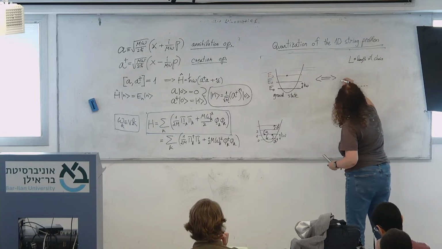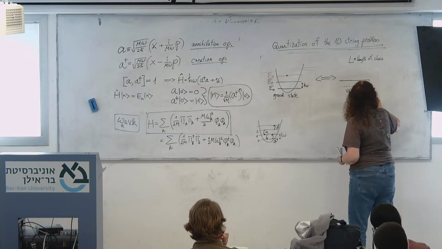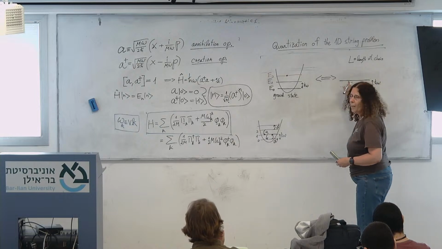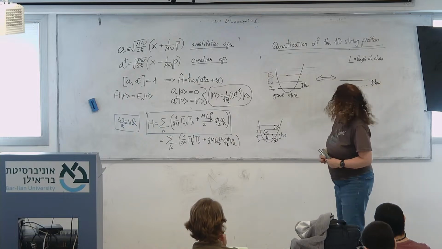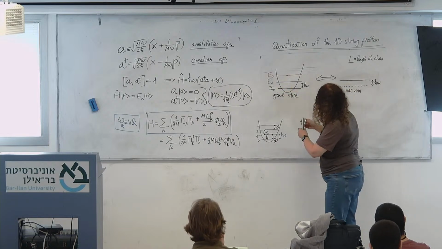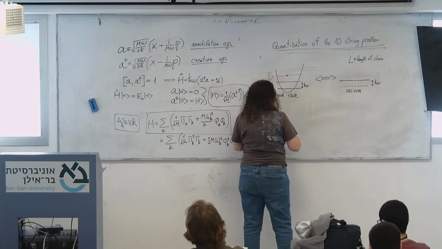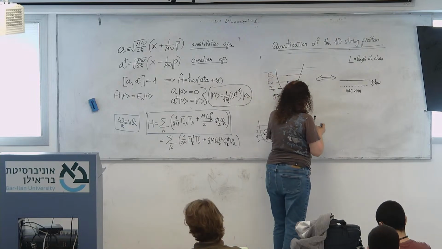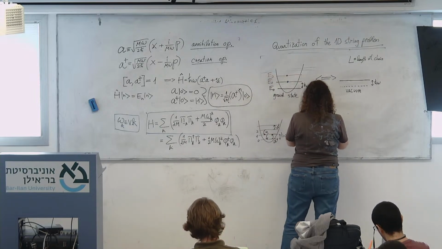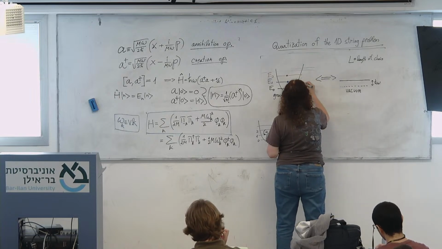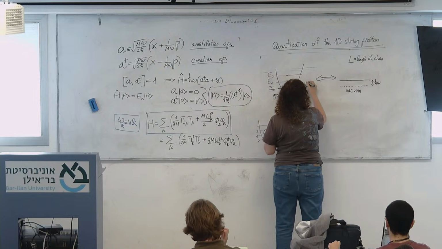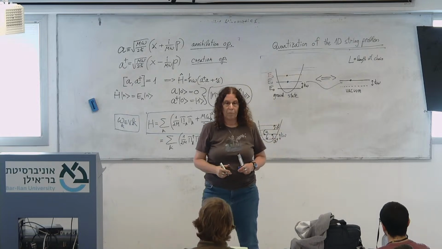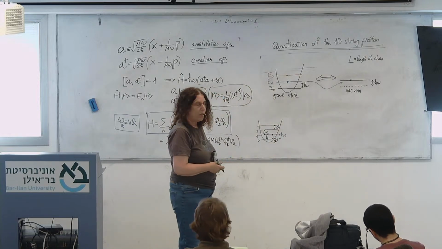Now, above this vacuum, there is a single level of energy h bar omega. There's only a single state. If I excite the harmonic oscillator to E1, it's equivalent to putting 1 particle in the energy state h bar omega.